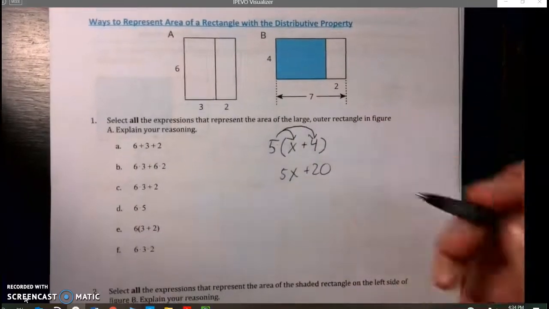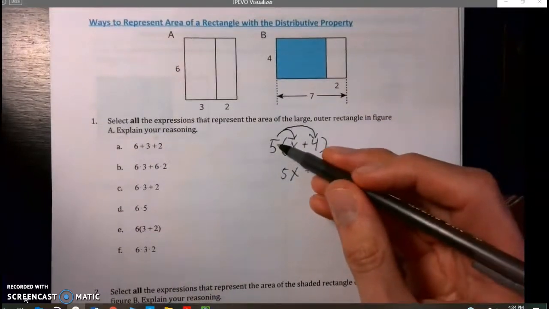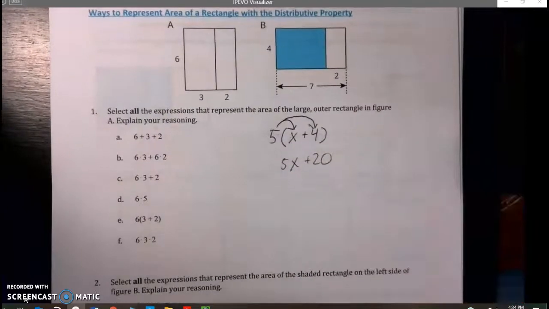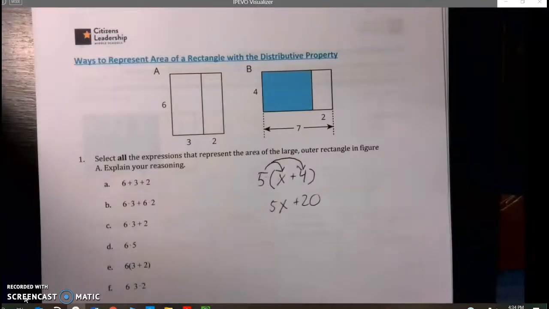So that's the distributive property. I'm distributing the factor on the outside times each thing on the inside. And when we first were learning about the distributive property, we were using area of rectangles to visualize this concept, okay? So if we're going to talk about the area of rectangles, it's important to have that formula in our heads.